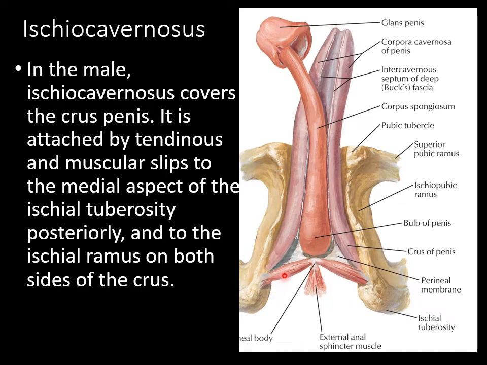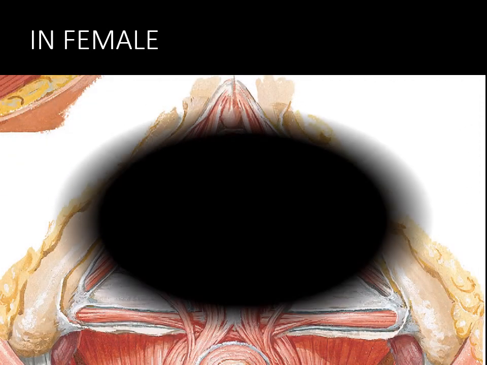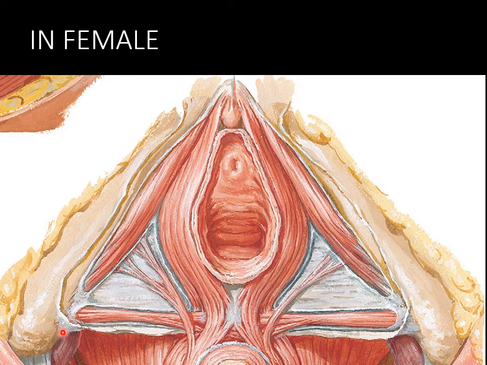So remember the origin of ischiocavernosus: it is attached from the ischial tuberosity posteriorly and then the ischiopubic ramus laterally. In the female, these fibers also arise from the ischial tuberosity and from the ischiopubic ramus, and then these fibers extend anteriorly, cross over the clitoris and join with each other.